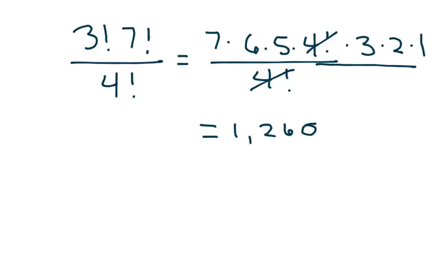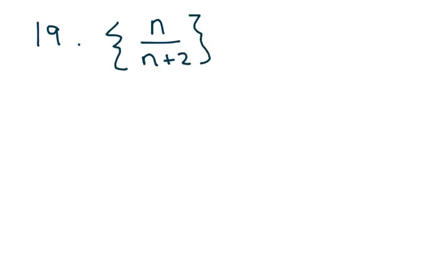Now let's get down to the more interesting stuff. All right, we're going to write down the first 5 terms of each sequence. I'm not going to do 17 because it looks really easy, so I'll start with 19. And basically, they write the sequence like this, whereas in a previous video, I just wrote S for the list of numbers.